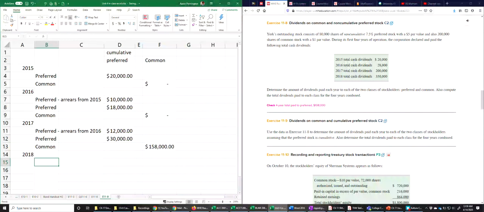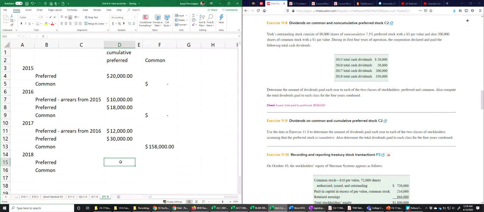So in 2018, there is no arrearage, but the preferred shareholders are still entitled to take their preference before common.